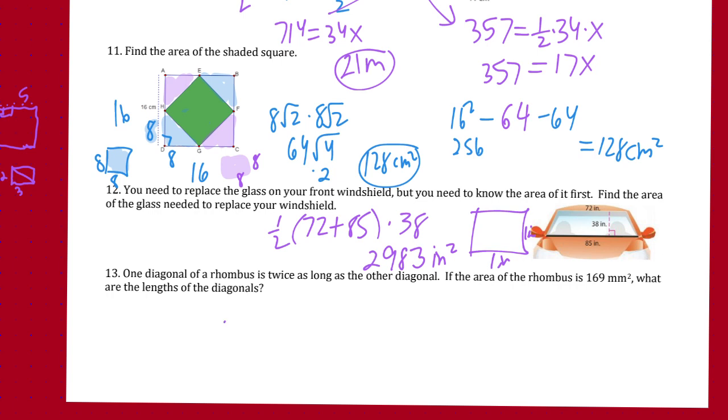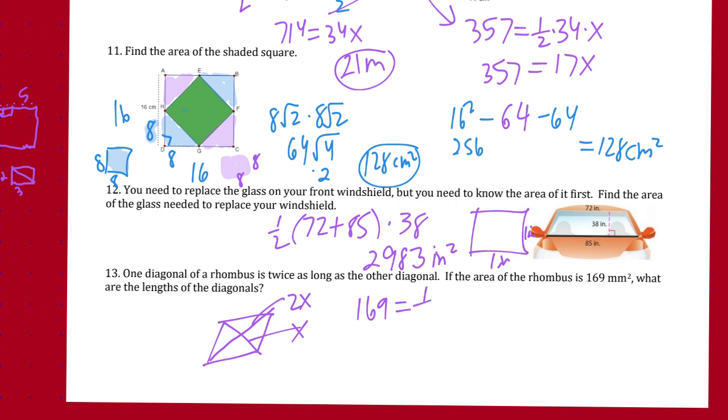One diagonal of a rhombus is twice as long as the other diagonal. So the short one would just be x. The longer one would be 2 times x, double as long as the other one. And I said the area is 169. Well, how do you find the area of a rhombus?